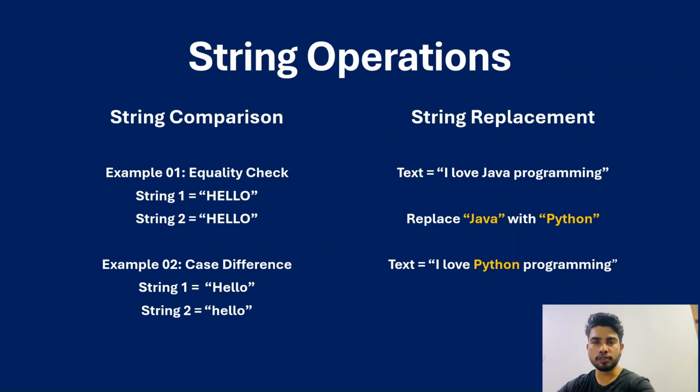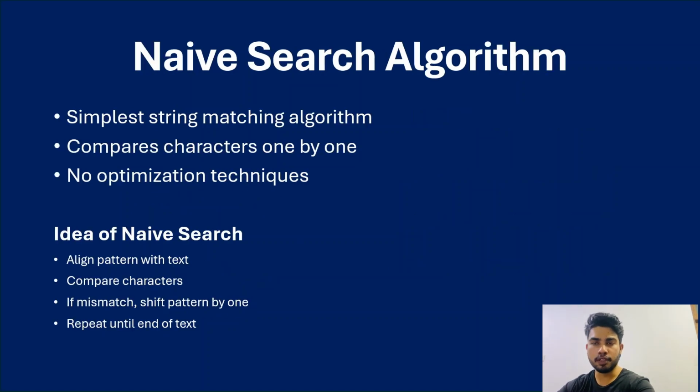Now let's move to the main part of this video, the naive string matching algorithm. This is the simplest string searching algorithm and is very useful for beginners to understand how pattern matching works. So what is the idea of naive search? The idea of the naive algorithm is very simple.